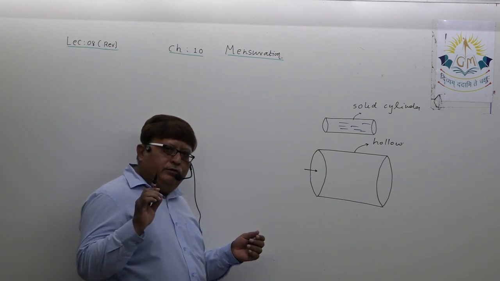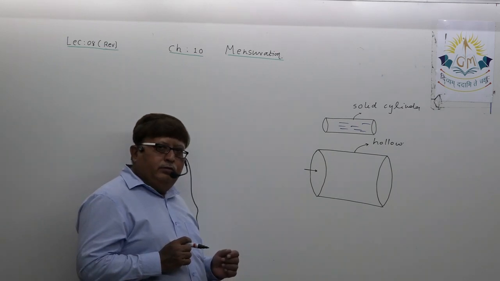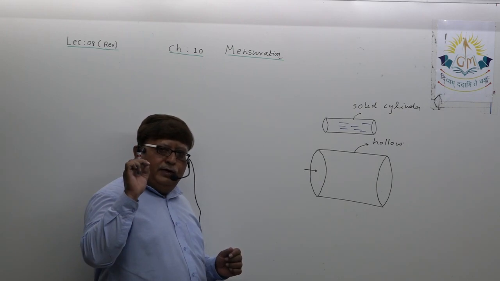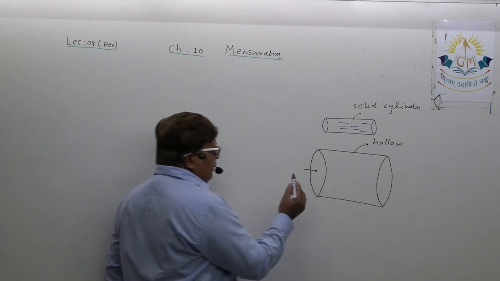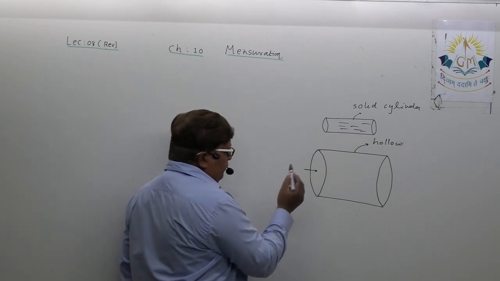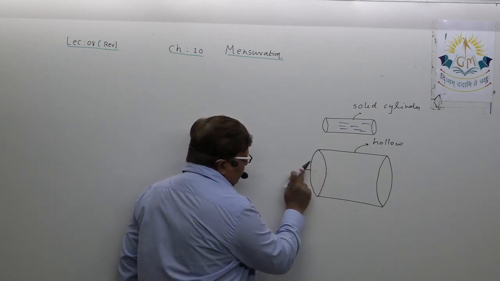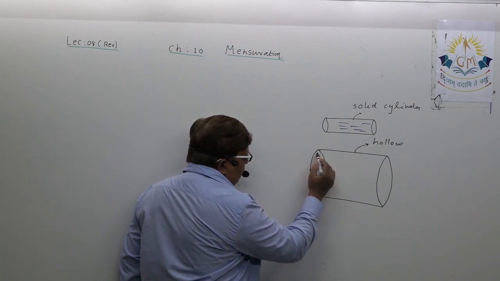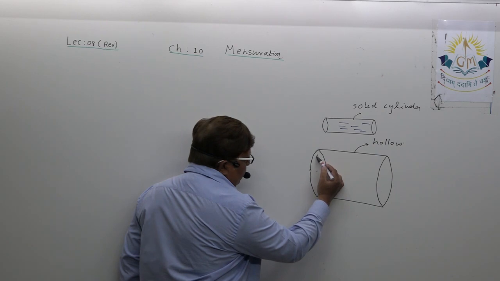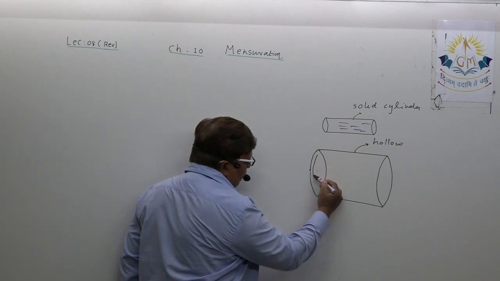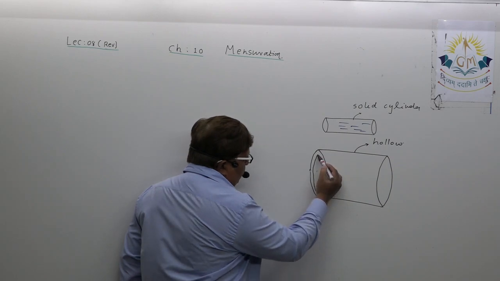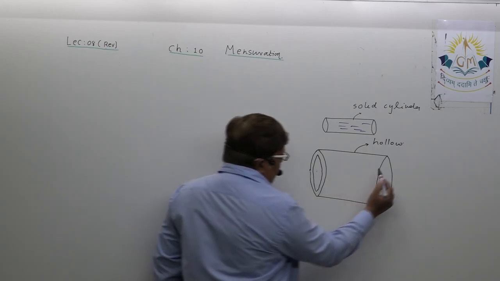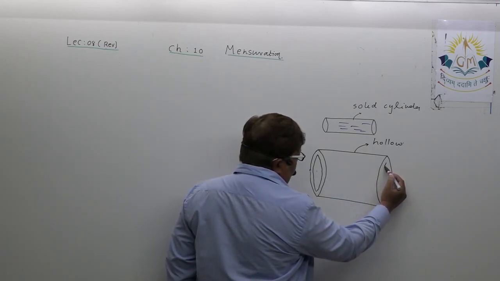Now try to understand, dear student. Even though it is a hollow cylinder, it is provided with some thickness. How will I show that thickness? It has some thickness which I am just trying to show here, the inner part of the pipe.